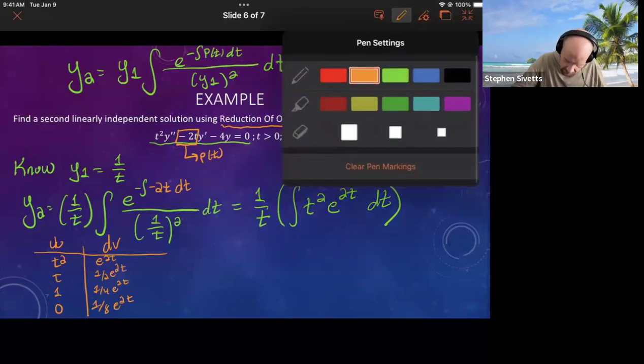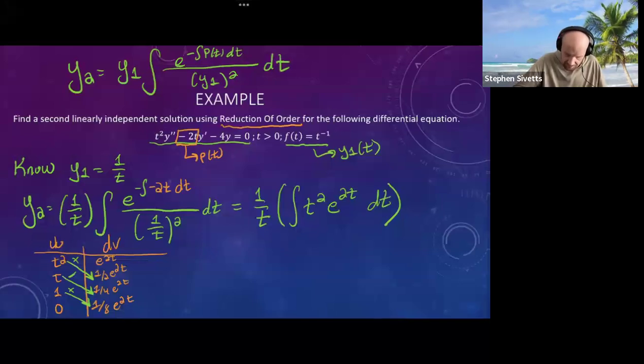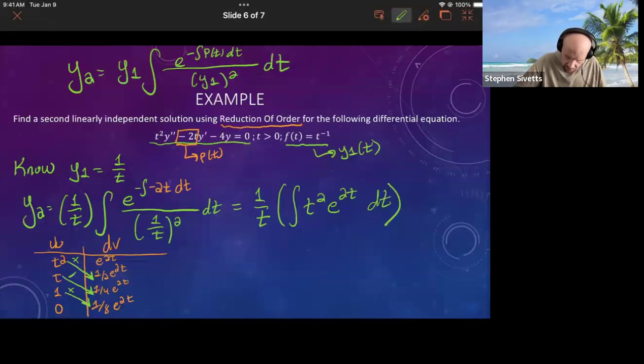With tabular integration, we multiply diagonally. So you multiply t squared by 1/2 e to the 2t, and then we subtract the product of t times 1/4 e to the 2t, and then we add 1 times 1/8 e to the 2t.